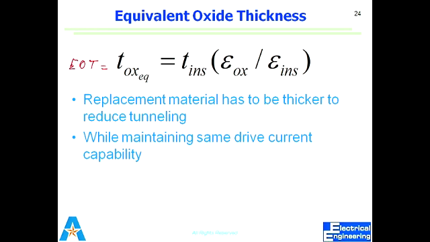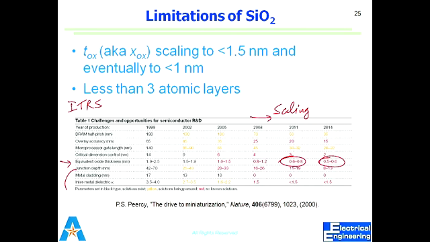This is the equation that is used to find the equivalent thickness of the alternative oxide layer if we have some other oxide layer. By using this we can find out the equivalent thickness. The limitation of silicon dioxide is that we cannot grow a very thin layer. We don't have good control of a very thin layer of oxide.